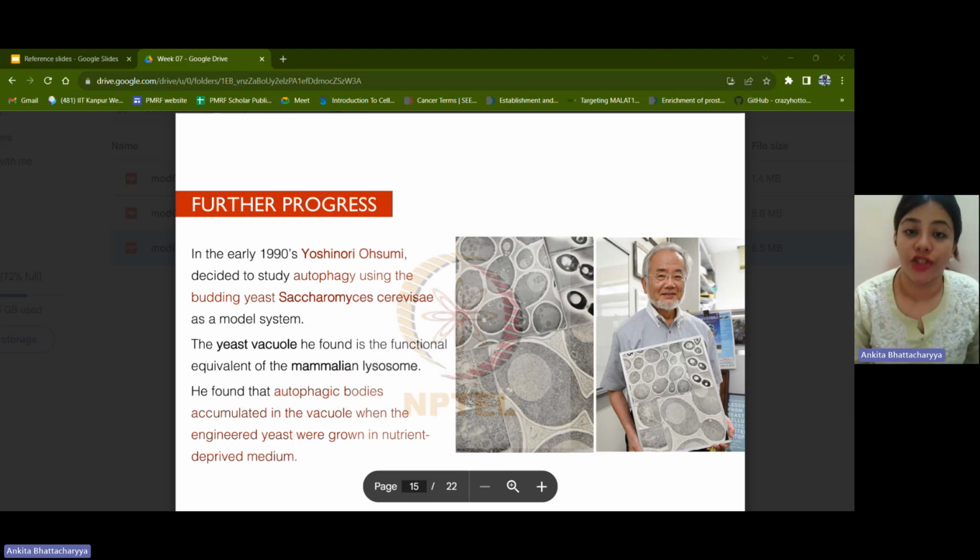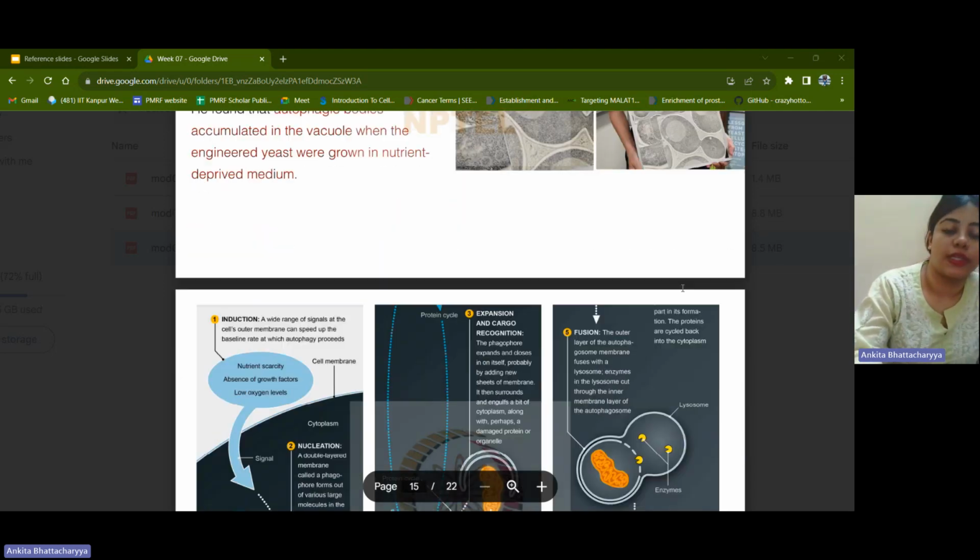He found that autophagic bodies, that is the autophagosome and other similar membranous structures, which are actually carrying out the digestion that we are talking about today, accumulate in the vacuole when the engineered yeasts were grown in a nutrient-deprived medium. That is when you're subjecting them to starvation pressure. Then these organisms are overcoming that stress or that pressure by carrying out these sorts of processes. So that is what we see there.